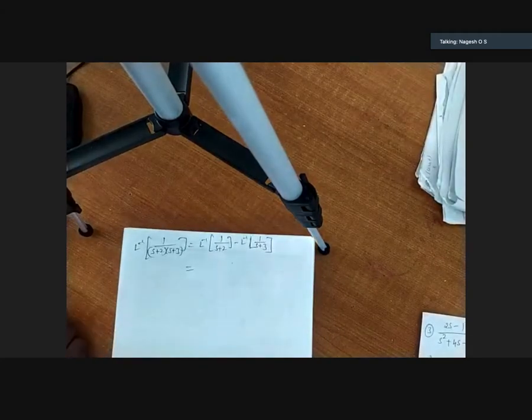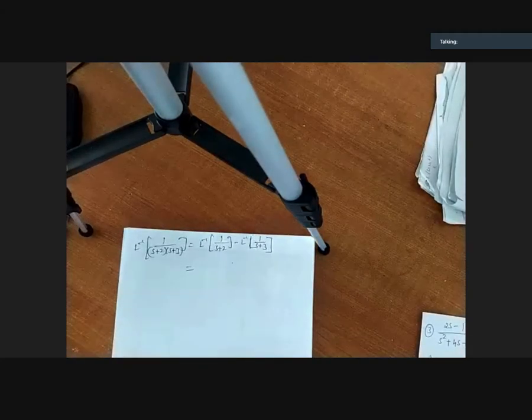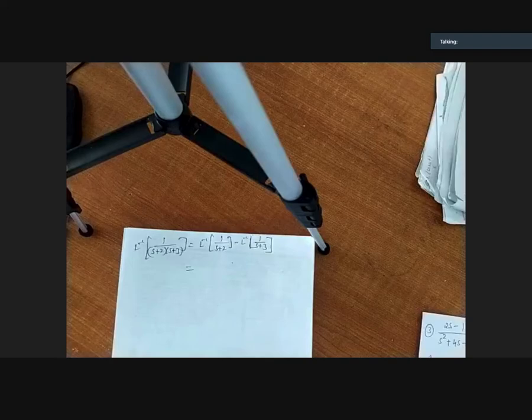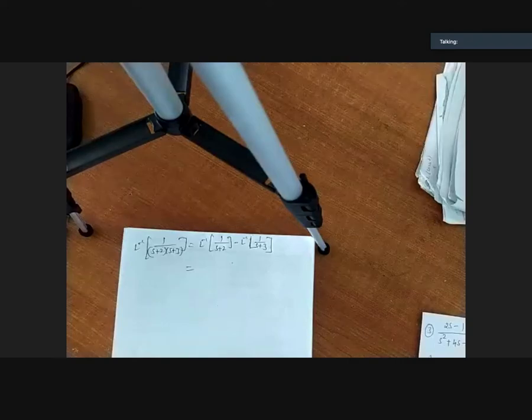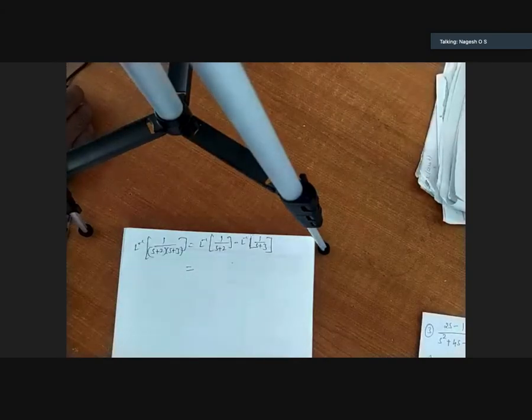Laplace inverse of 1 by (s plus 2). Quickly, it is not that difficult, an easy one.